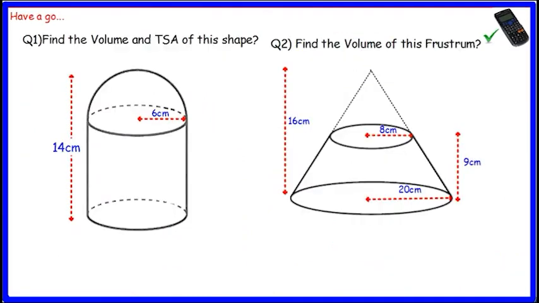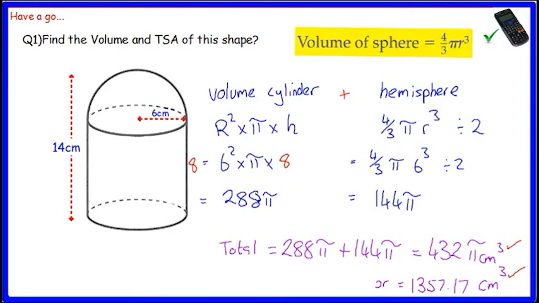Okay, there are 2 questions to have a go at. The first question is find the volume and the total surface area of the shape. The second question is just the volume of the frustum. Question 1, with volume.